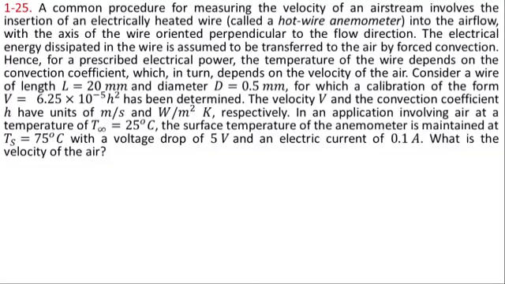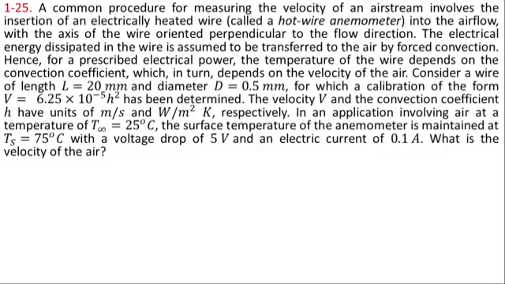The electrical energy dissipated in the wire is assumed to be transferred to the air by forced convection. Hence, for the prescribed electrical power, the temperature of the wire depends on the convection coefficient, which in turn depends on the velocity of the air.